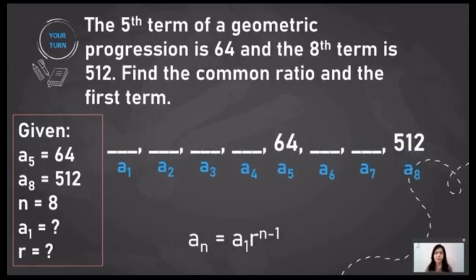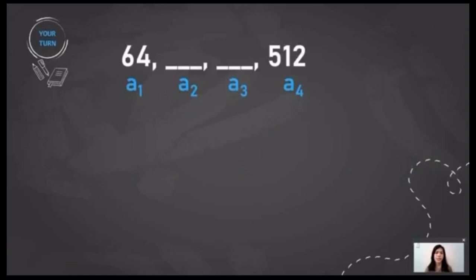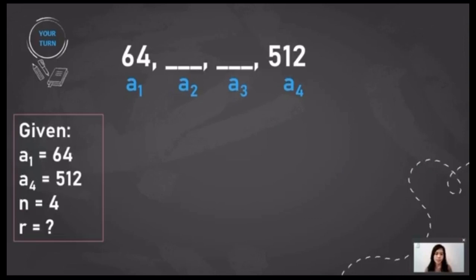Our formula again, a sub n is equal to a sub 1 times r raised to n minus 1. Now here we have to consider the part of a sub 5 until a sub 8 to get our common ratio, right? Now, let's change 64 as our a sub 1 and 512 as our a sub 4. And of course, our n is equal to 4.